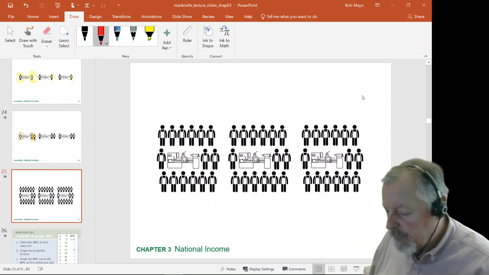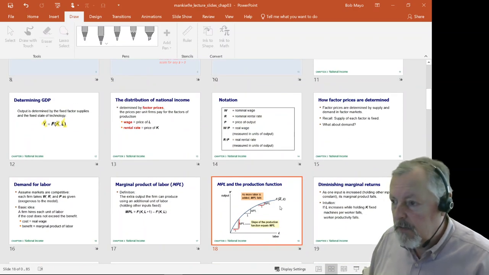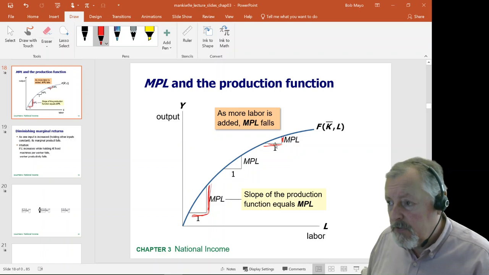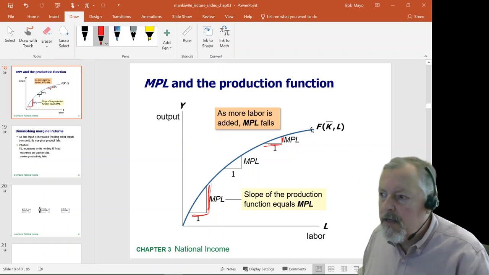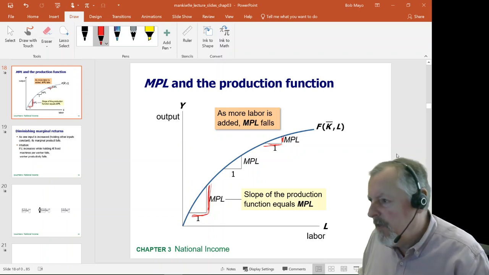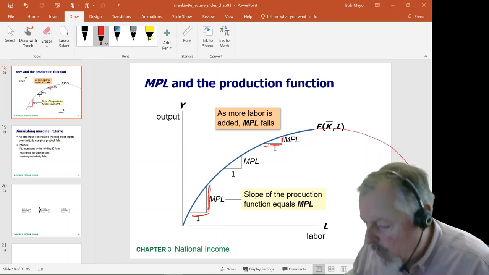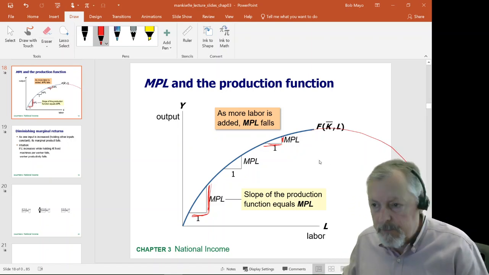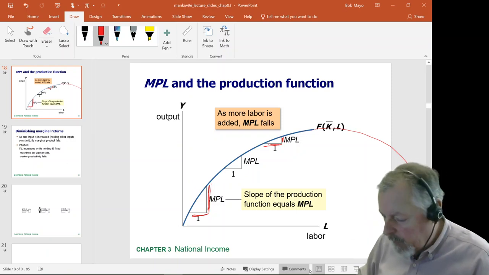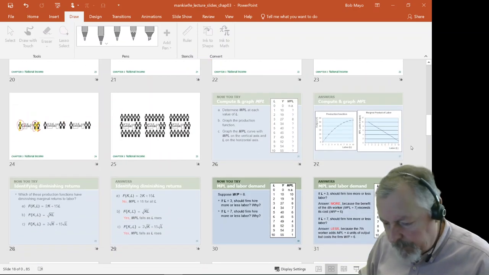So for each additional person you add, the marginal product of labor goes up mostly, but by less and less and less. Here, actually, this would eventually curve back down, when adding additional people would actually hurt production, not just help very little. All right, and capital works the same way.